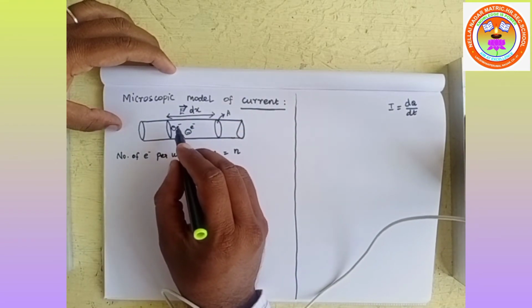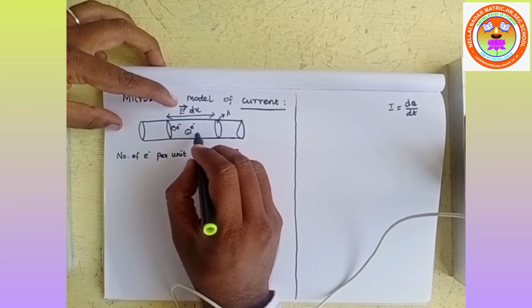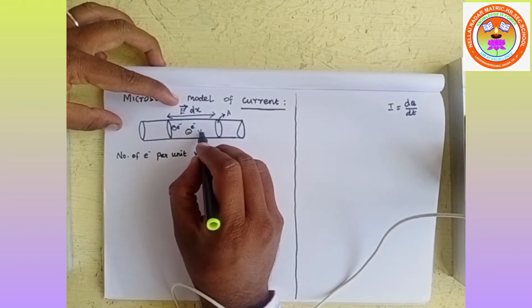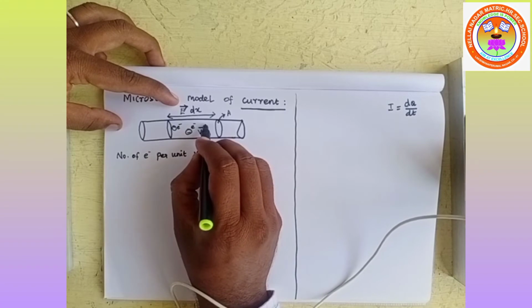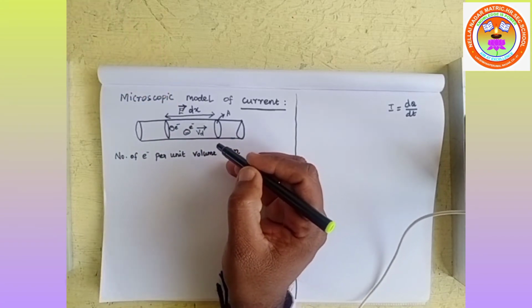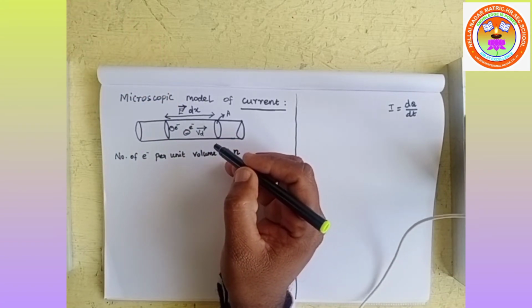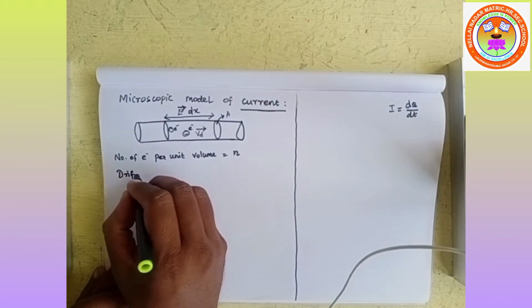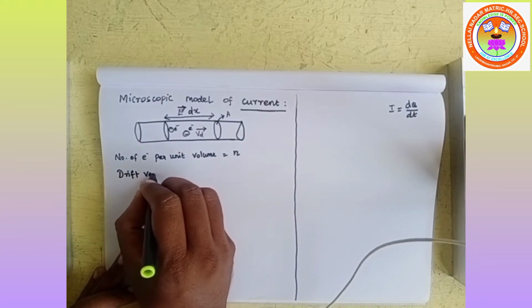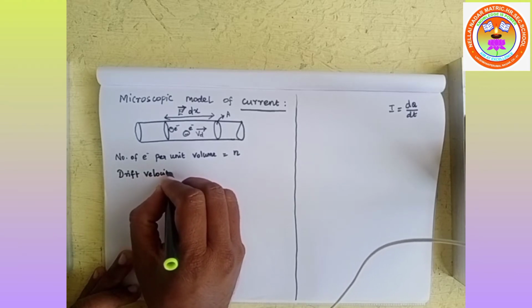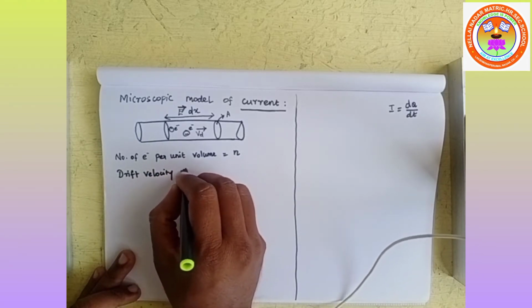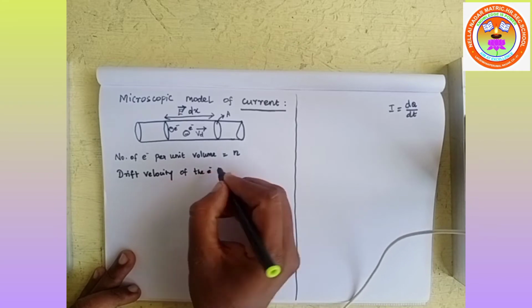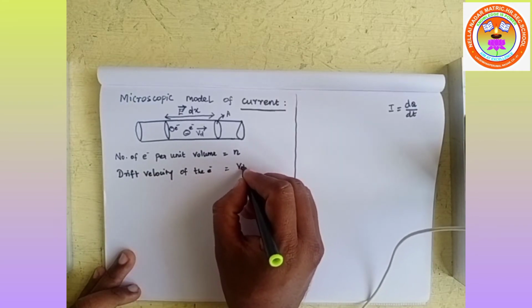All the electrons present in the conductor move with the same drift velocity, Vd vector. So we can write the drift velocity of the electron as Vd.